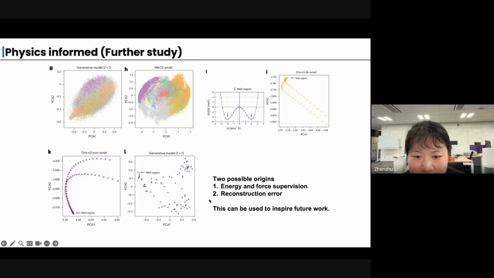This also informs our thinking about the work, because currently there are some works trying to align the generative model's latent space with the interatomic potential's learned latent space, to improve the predictability of the embeddings learned by generative models. So I think there is definitely some link there, but it's not clear yet.